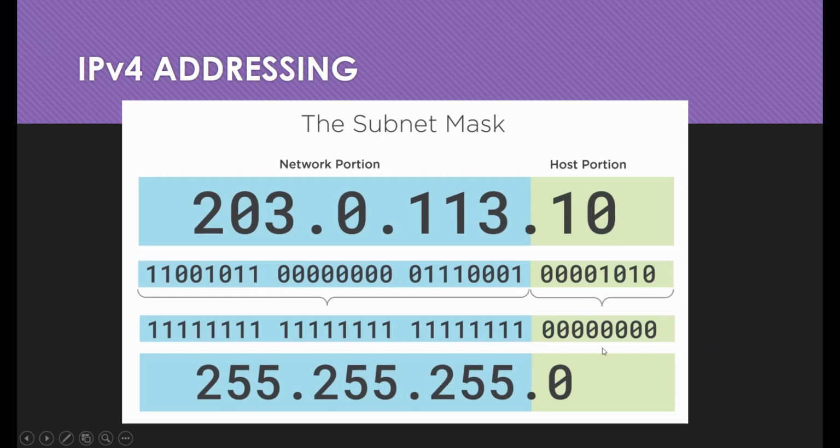The host portion of the subnet mask, which is at the right, represents the host portion of the IP address, and the network portion of the subnet mask, which is all ones in binary form, which is 255 in decimal form, represents the network portion of the IP address, as you can see above.